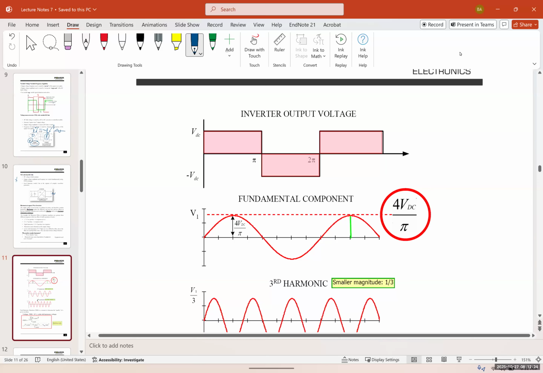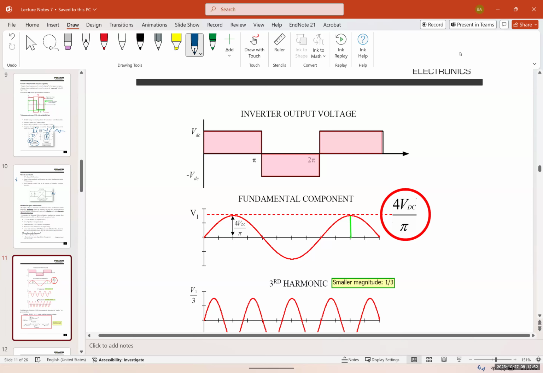The upper graph shows the output voltage in a square wave inverter, so a normal inverter's square wave looks like this. The second one shows the fundamental component, which you can see has the same frequency, same amplitude, but it has a sinusoid output.